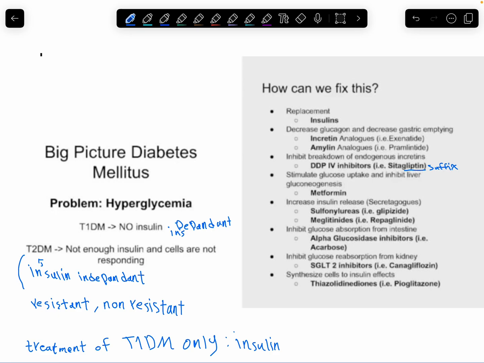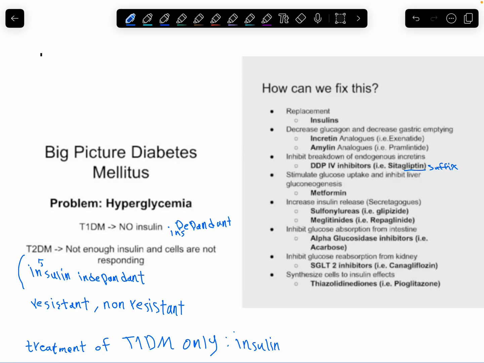What is that problem? It causes GTI, not GIT, gastrointestinal tract. GTI. The G is not for gastro. One G is used in gastrointestinal tract, the other G is used in the kidney.